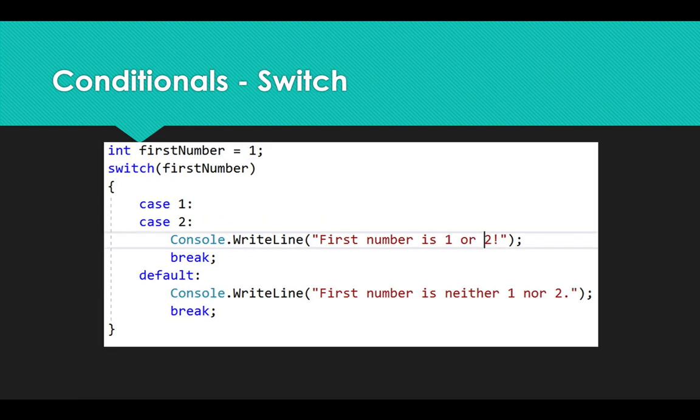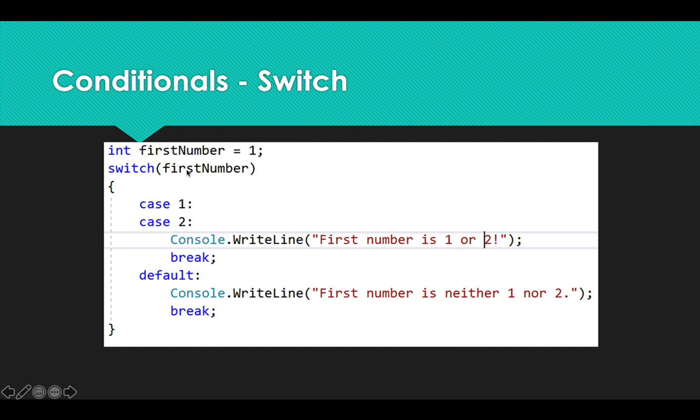C# also supports what's called fall-through switches. So here what will happen is if the first number is 1, it will go into this case. It will see that there is no break associated with case 1 and will fall into case 2 before hitting case 2's break. So here we have printed out first number is 1 or 2, which corresponds to the fact that either first number equals 1 or first number equals 2 would print this same write line statement.